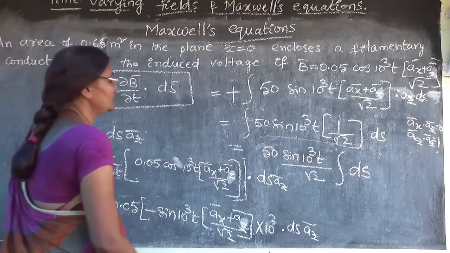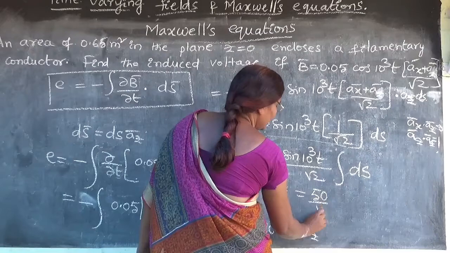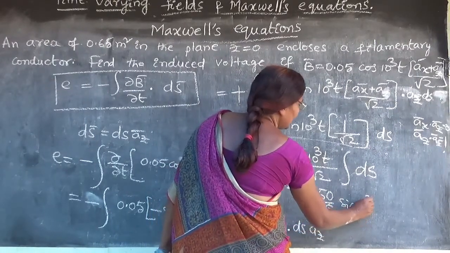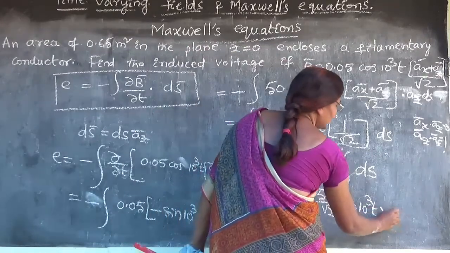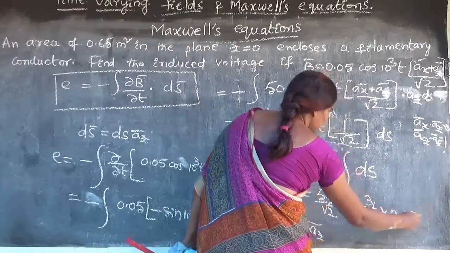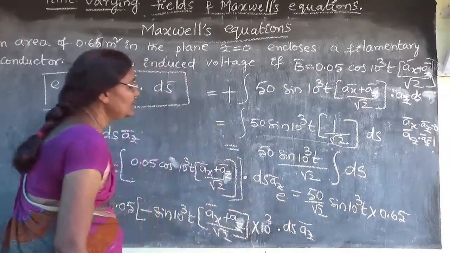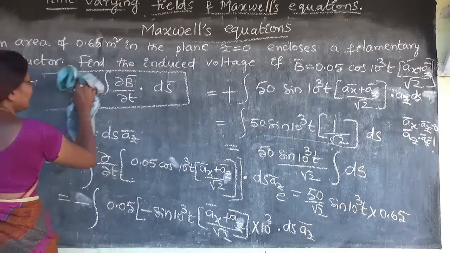సో వాట్ ఈజ్ మై వాల్యూ, 50 by root 2 sin 10 cube t into 0.65 meters square. So this is my total induced voltage E. I will rub this and I will write it here.